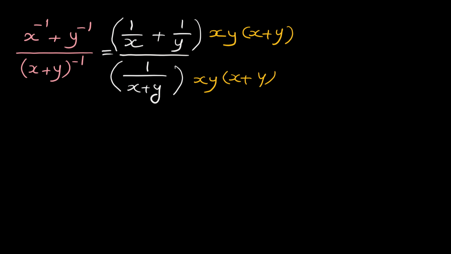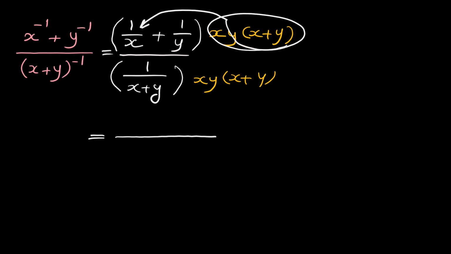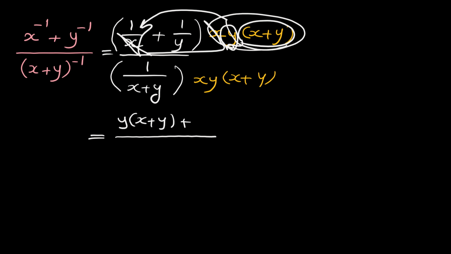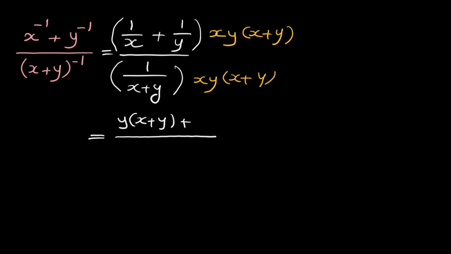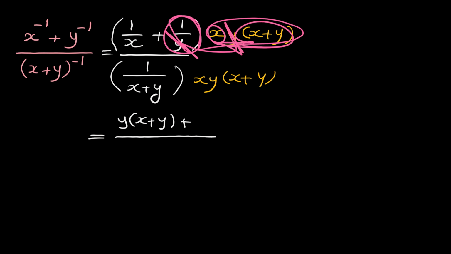Now, what do we have for the numerator? In the numerator, if we multiply this by 1 over x, x with x cancels, then we have y times (x + y). And then if we multiply this by 1 over y, the y with y cancels, then we have x times (x + y).